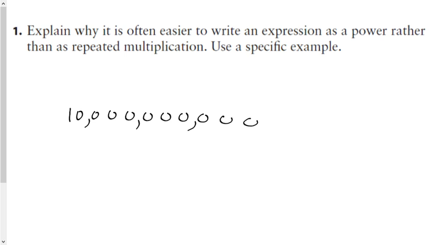In order for me to write 10 billion, I have to express it as a 1 with 1, 2, 3, 4, 5, 6, 7, 8, 9, 10 zeros, right? 10 billion would be a 1 with 10 zeros. However, if I wanted to write 10 billion without having to get writer's cramp, I could simply write 10 billion as 10 to the exponent of 9. And that would be a quicker way to write the number 10 billion.